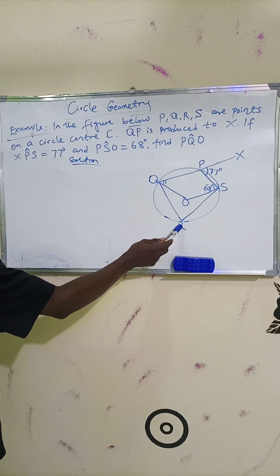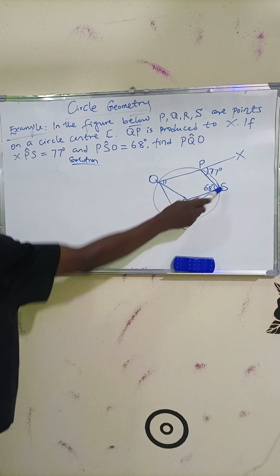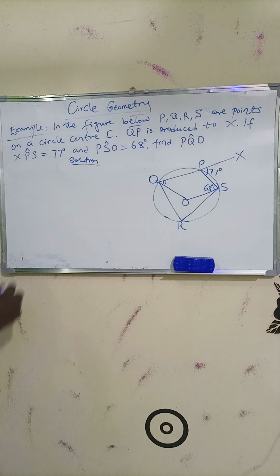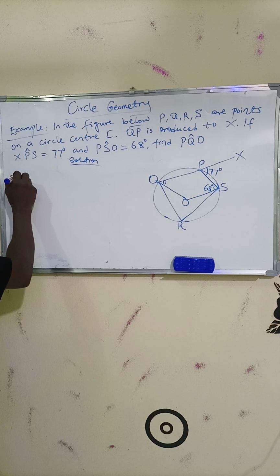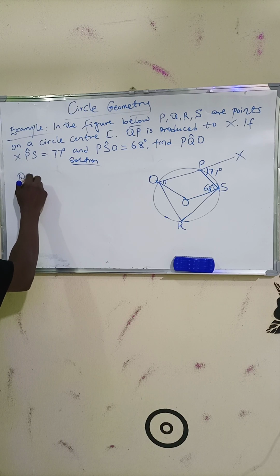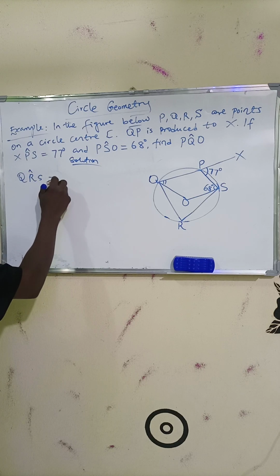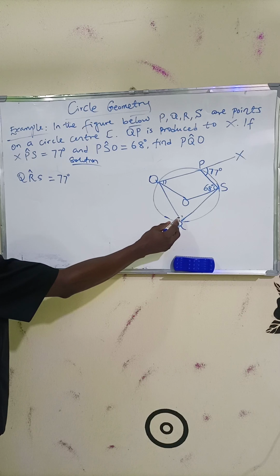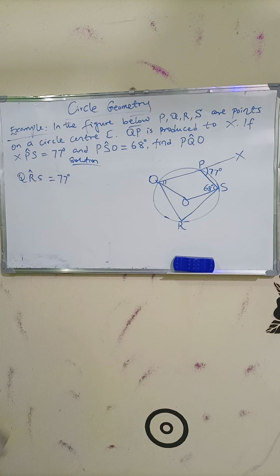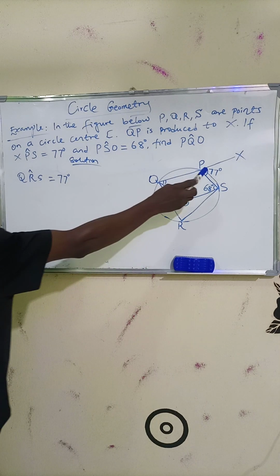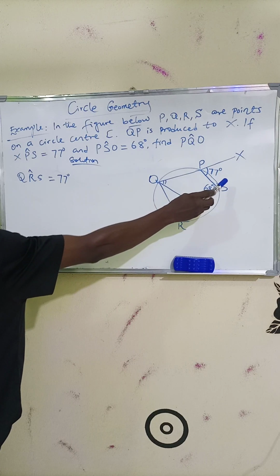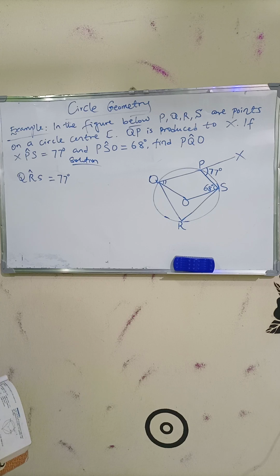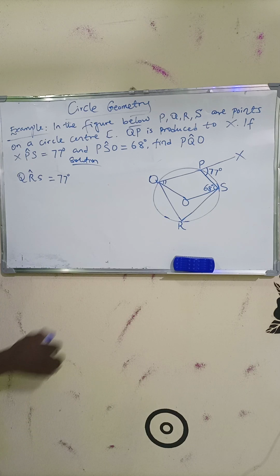So we can start by finding the angle QRX, which is angle R, the angle formed here. So we can say that the angle QRX is equal to 77 degrees. How is this angle equal to 77 degrees? There is a theorem that states that the exterior angle of a cyclic quadrilateral is equal to the interior opposite angle.